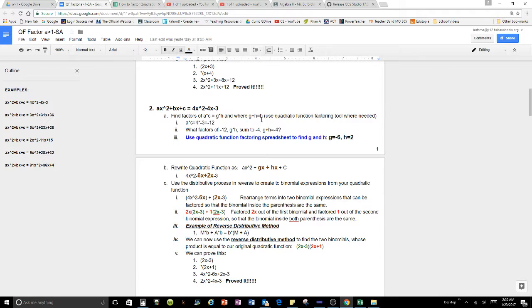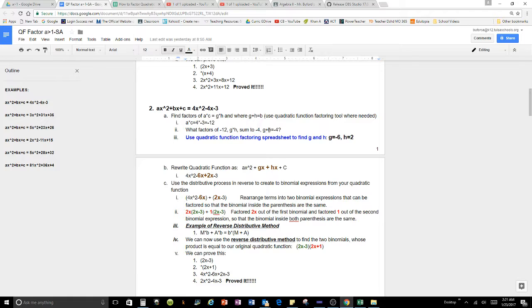So in this case, a times c equals 4 times negative 3, which equals negative 12. B is equal to negative 4. So we need to find factors of minus 12 such that the product of g and h equals minus 12, and that they sum to minus 4.